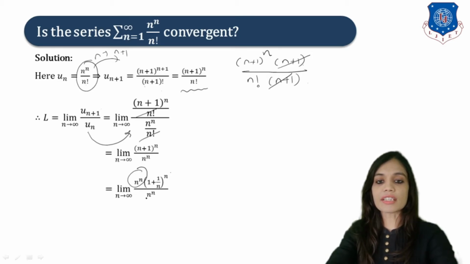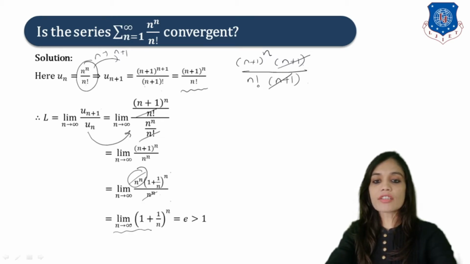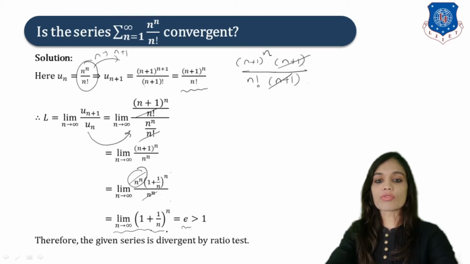The denominator remains as it is, n raised to n. Again these two get cancelled out. What is remaining is limit n tends to infinity 1 plus 1 upon n whole raised to n. We know this limit is equal to e, which is greater than 1. So by the ratio test, the series is divergent.